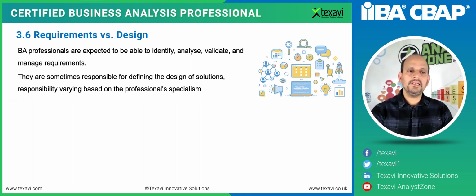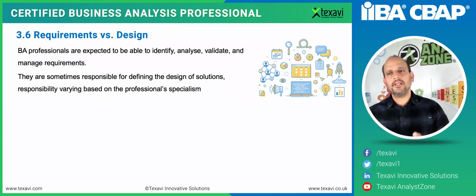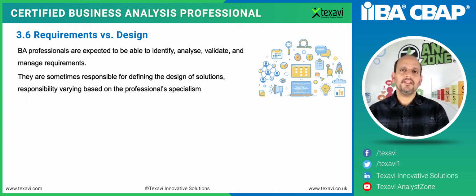So the responsibility varies based on professional specialism. That's where we talk about the technical architect, the technical lead, the lead programmer, lead developer, designer. All of these have got specializations in terms of whichever they are good at. So you've got a database administrator, DBA, who is a specialist in administering the databases, in setting up the database schema, in setting up the tables.